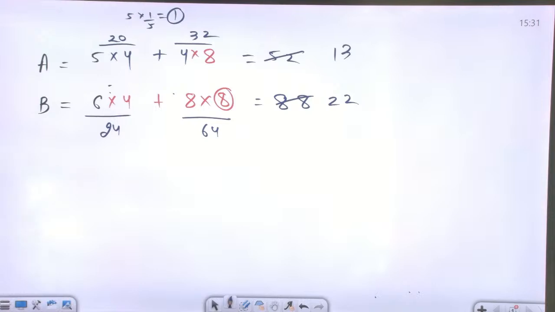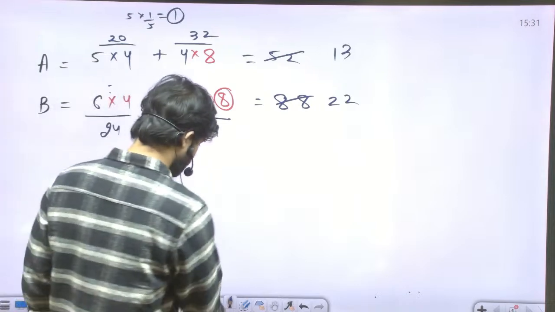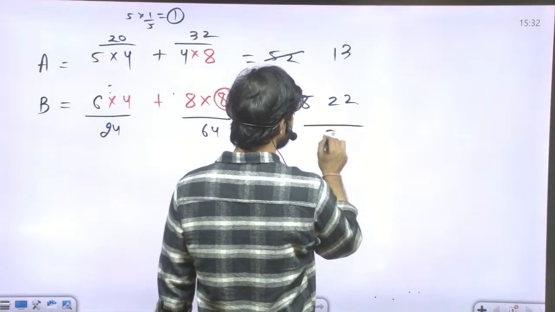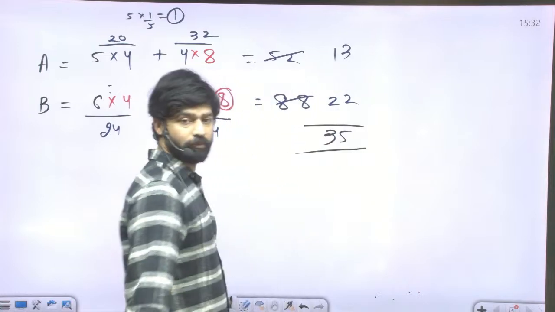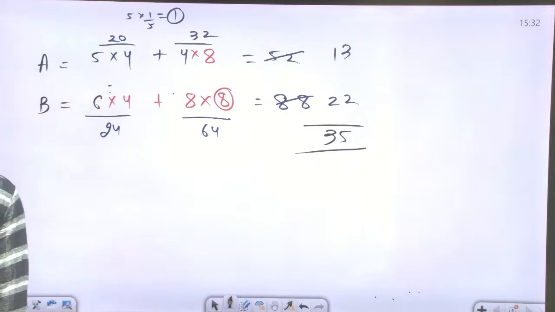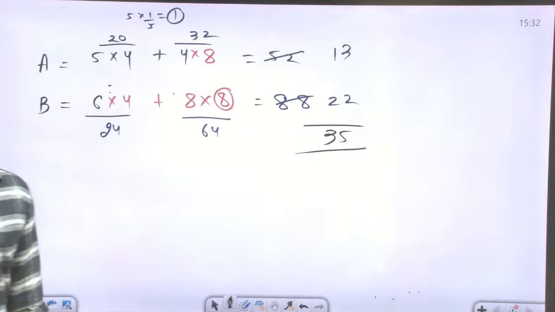But the question is not over yet. We have to find out the share of B, and the annual profit is 6.3 lakh. So what is the total in units? 22 plus 13, that is 35. So the value of 35 units is 6.3 lakh, and for B we have to find out the value of how many units? 22 units.